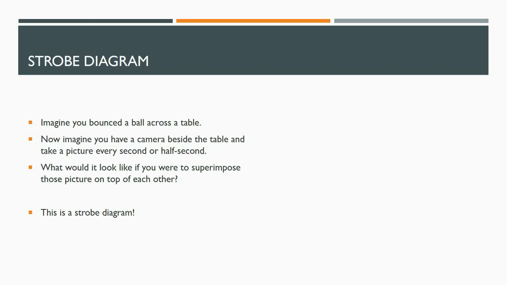So imagine you bounced a ball across the table. Now imagine that you have a camera beside the table and it takes a picture every second or a half second. What would it look like if you were to superimpose all of those pictures? You place those pictures on top of each other. This is basically what a strobe diagram is.